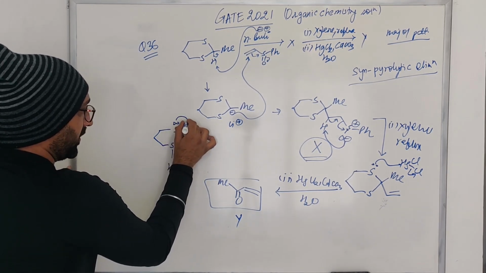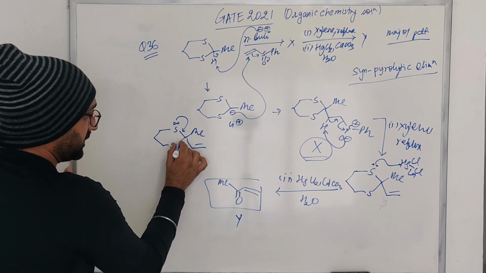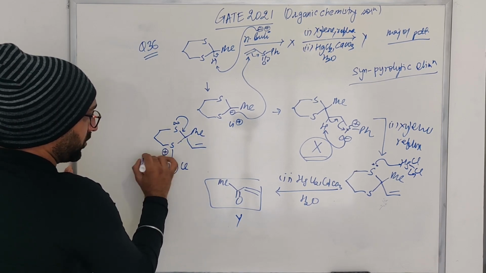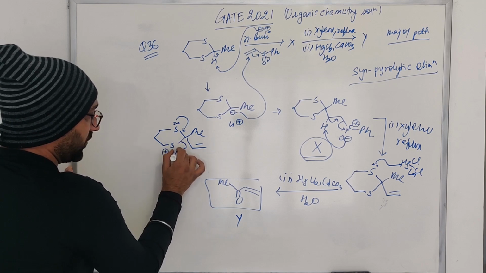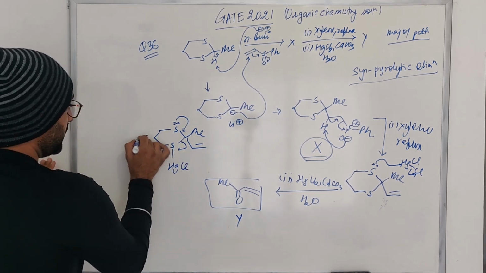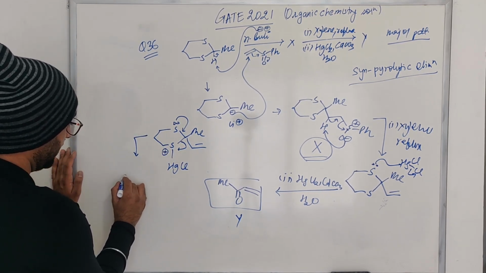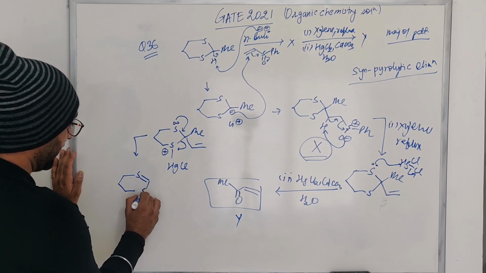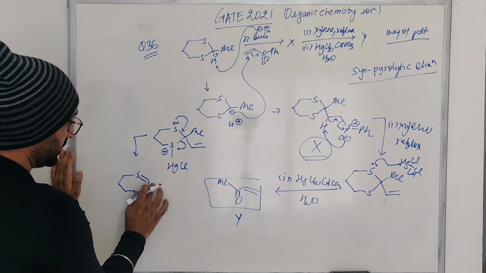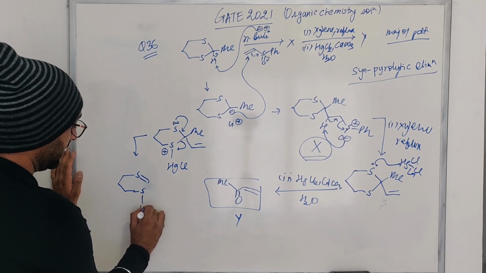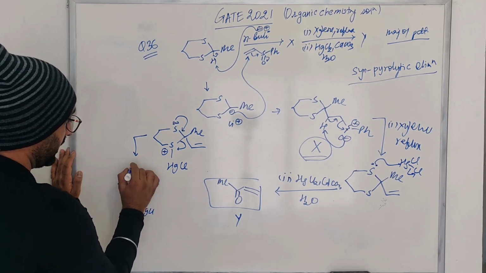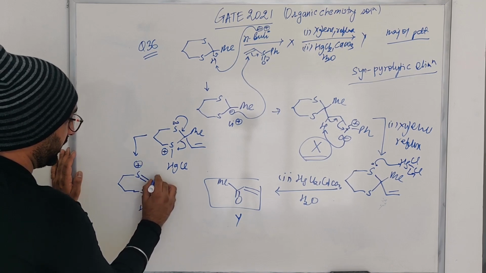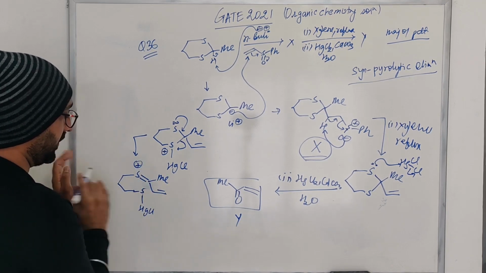What happens is a lone pair of electrons on sulfur comes and the sulfur gets protonated here. Now the sulfur bond opens. So basically what you have is the sulfur double bond, and here what you have is a sulfur, HgCl, and here what you have is a methyl, and here what you have is an olefin.